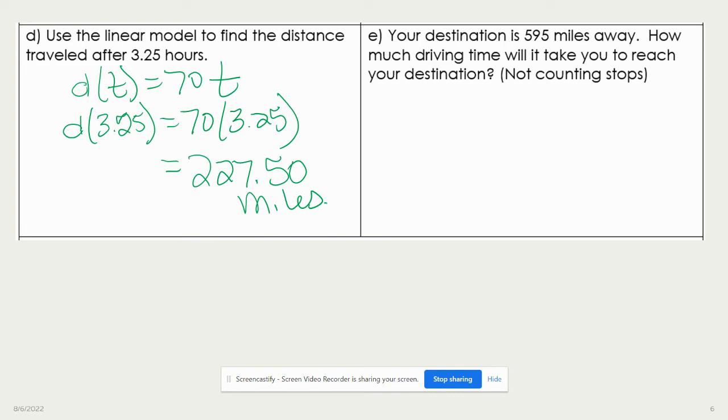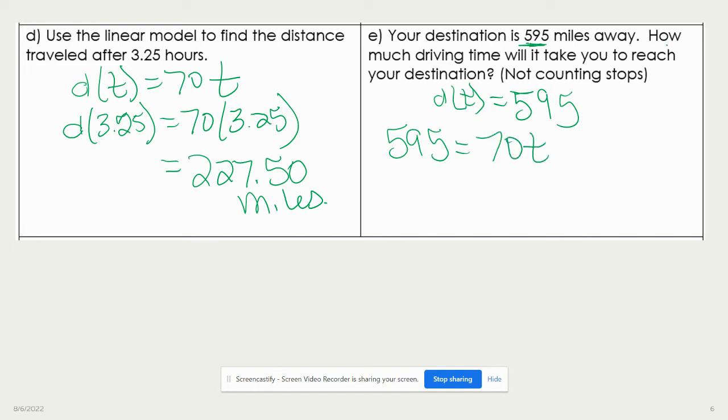That's not too bad. Our destination is 595 miles away. How much driving time will it take you to reach your destination? This is not including stops. So now that we know that our distance is 595, 595 is equal to 70t.